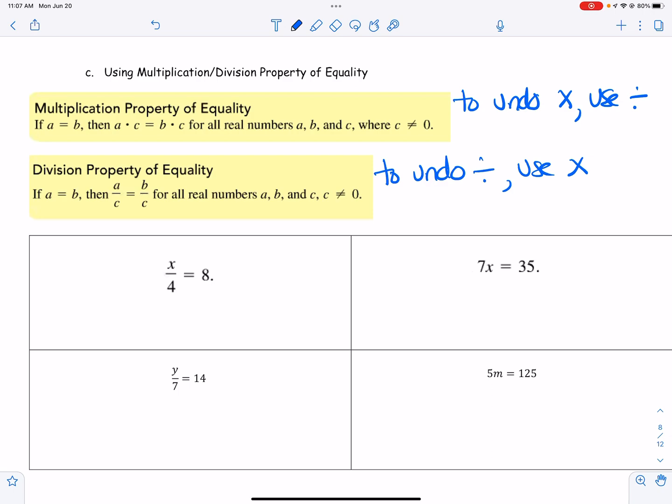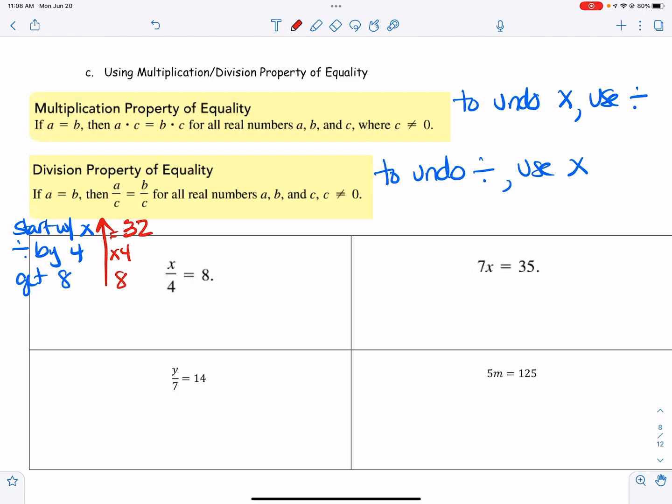But if you check it, 2 divided by 4 does not equal 8. So I have to read it to myself. Start with x, divide by 4, and get 8. So to reverse it, I start with 8, multiply by 4, and get 32. And 32 divided by 4 is 8.